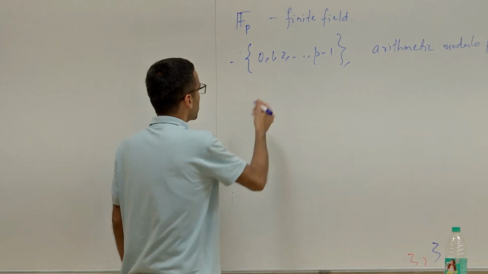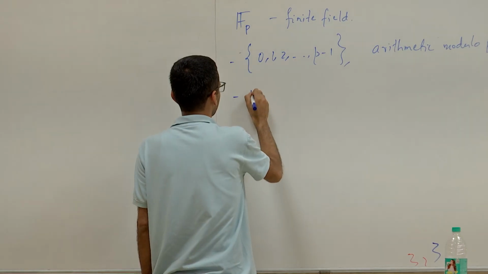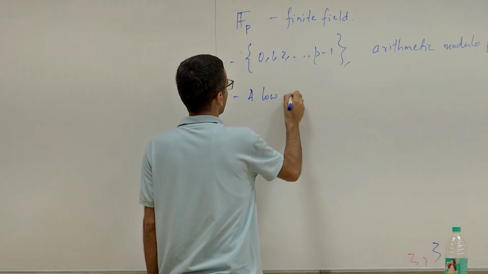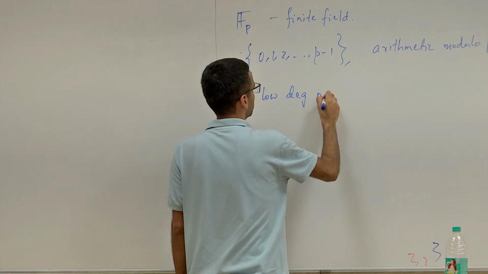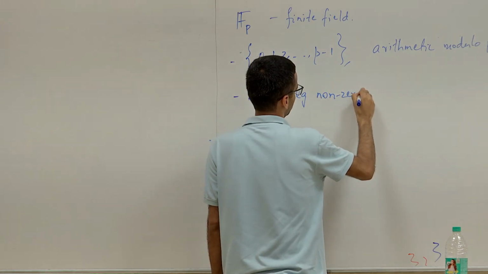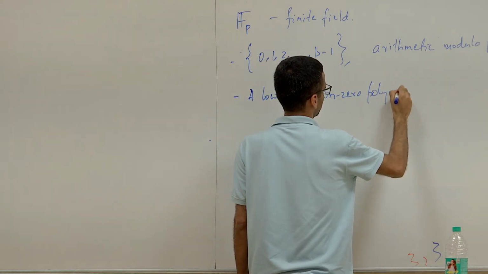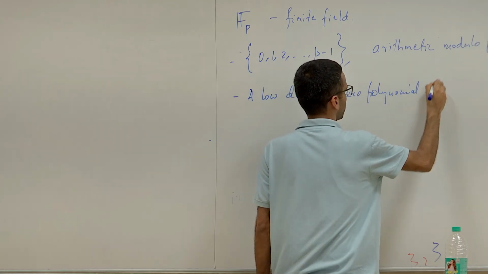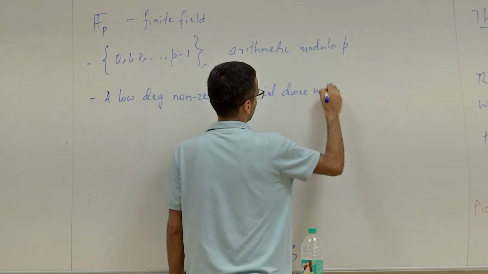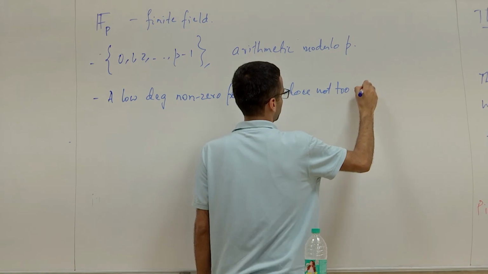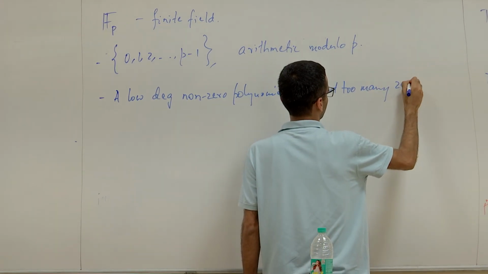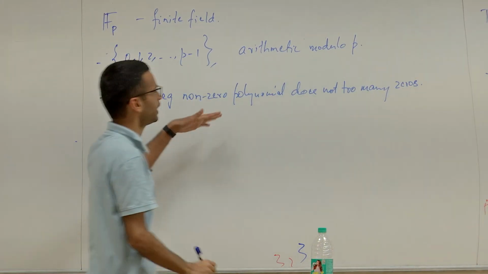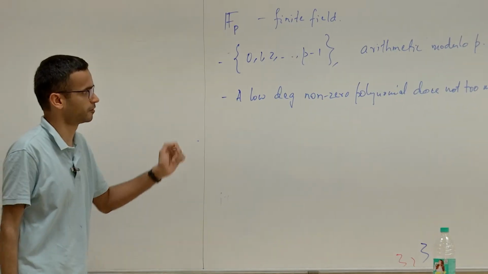But also some algebraic properties hold true. Specifically, a low degree polynomial does not have too many zeros. I'll state the precise fact we need in a little bit.